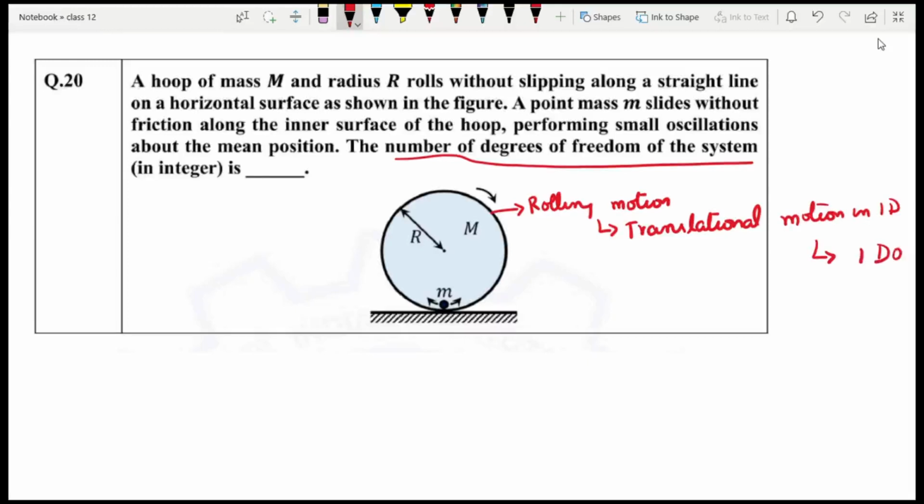And the smaller mass is simply oscillating with a small angle theta, which includes one more degree of freedom. Okay, so the total degree of freedom is 2.